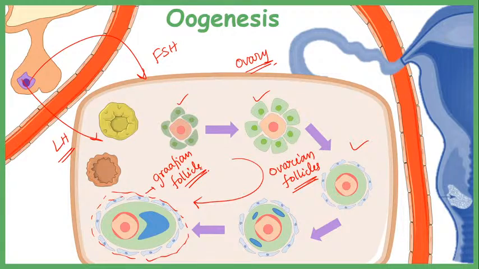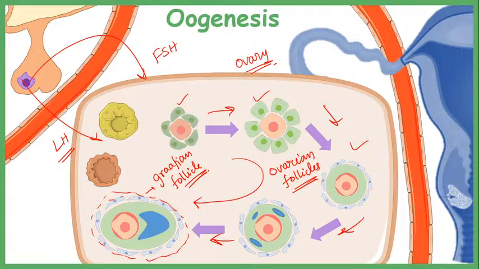This Graafian follicle results from development of small follicles. Ovary is filled with very small follicles. Now in each cycle, one follicle starts to mature under the influence of FSH and LH. Now that follicle keeps on maturing in a stepwise fashion, and finally it forms a Graafian follicle.